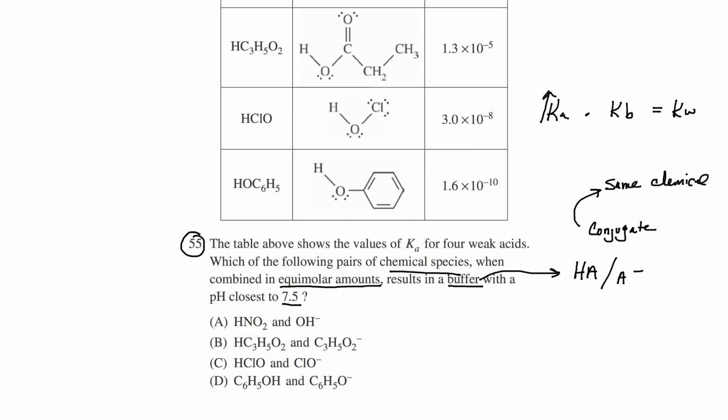So if I've got a weaker acid, that means I'm going to have a stronger conjugate base. So the stronger the conjugate acid, the weaker the conjugate base. We know that makes sense. Strong acids do not go in reverse because they have the what? Weakest conjugate bases.